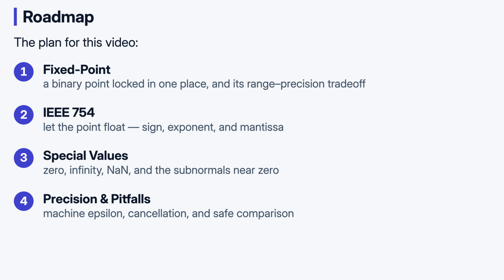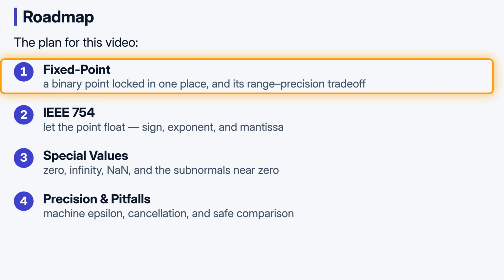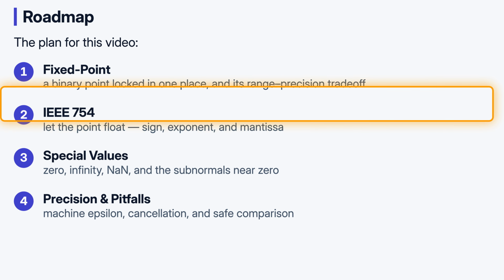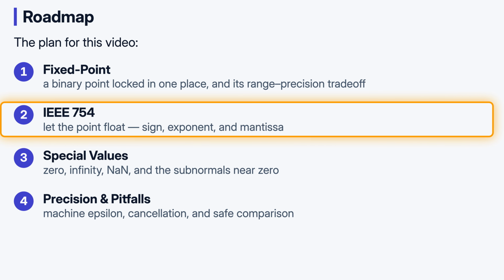Let us look at the plan for this video. It has 4 parts. First, fixed point, the simplest way to store a fraction by locking the binary point at one agreed spot, and the trade-off between range and precision that forces on you. Second, the centerpiece, the IEEE 754 standard, which lets the binary point float, using 3 fields called the sign, the exponent, and the mantissa.